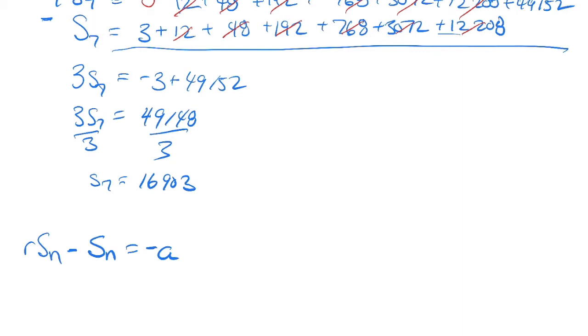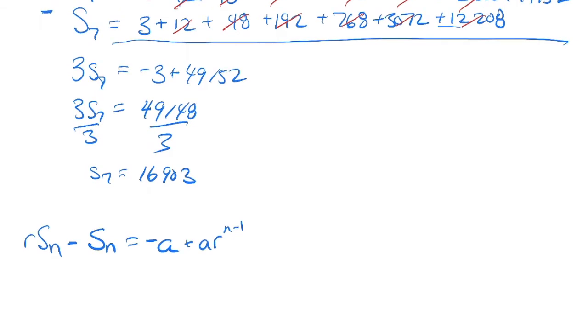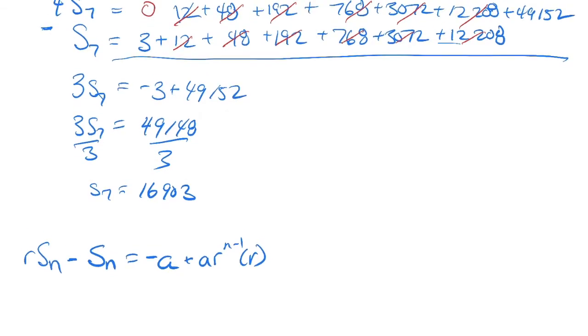So what was our last term? It was 12,208. But again, what's our term in a geometric sequence is a times R to the power of n minus 1. And then we want to multiply that by R, because that's what we did over here.